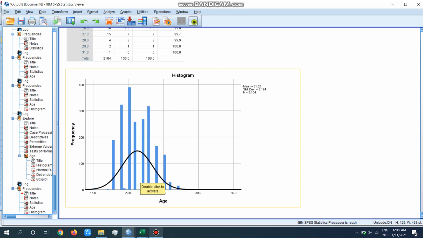To be called normally distributed, it must be under the curve. But you can see here that most of the data are falling outside this curve. That means it is not normally distributed.